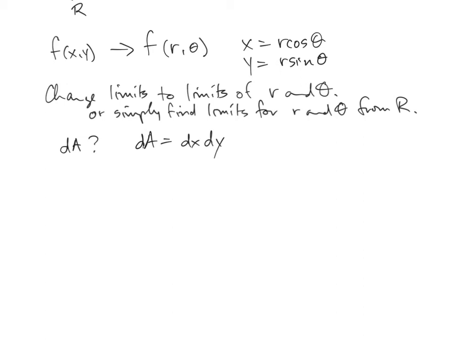The first way we can figure it out is, let's go back to this example, for instance, where our region of integration looked like this. Part of a circle. Okay, let's say that's our region of integration again.